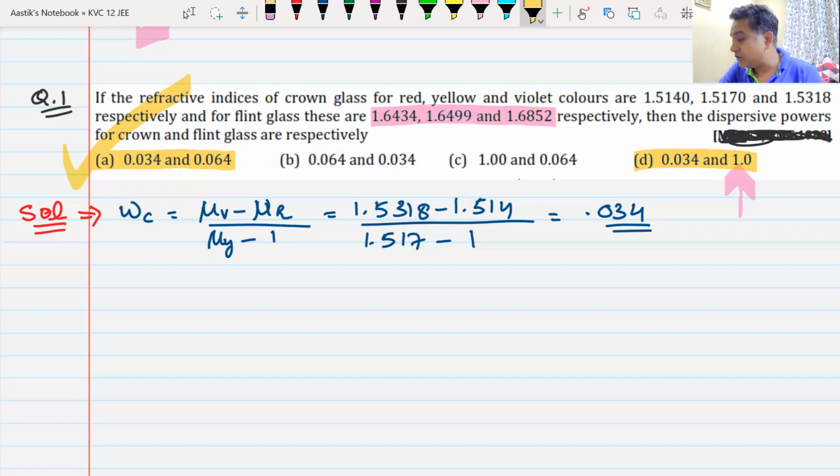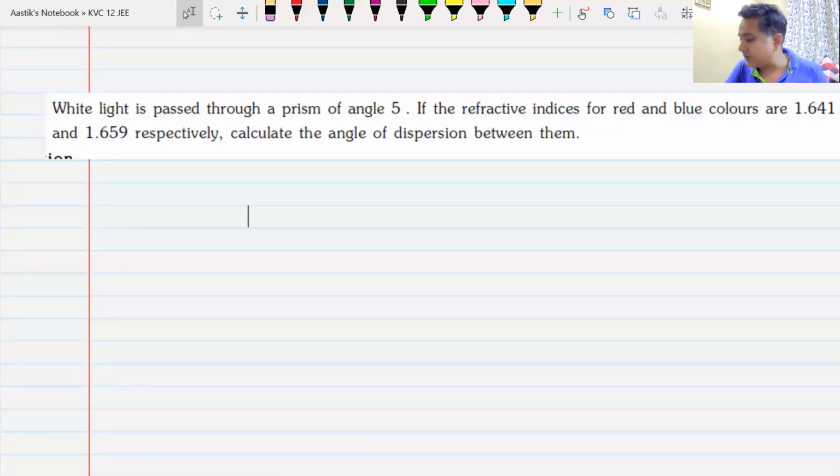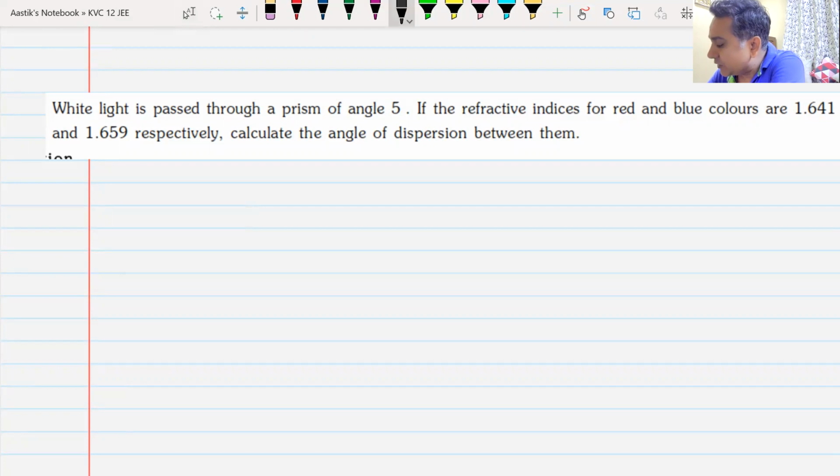In the second question, though, you don't have this liberty because this second question is not having any options. So now you have to solve it and tell me the answer for this one. This is a simple question, and you should be able to tell me the answer quite quickly.